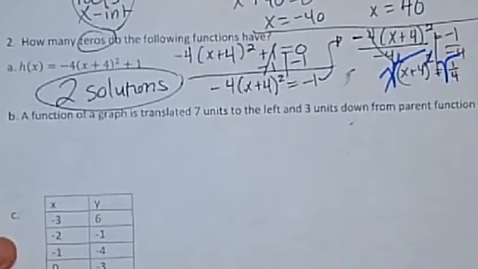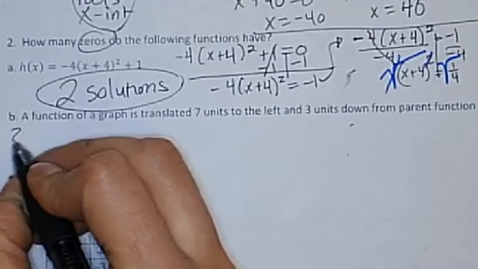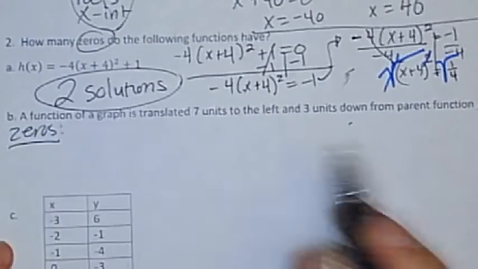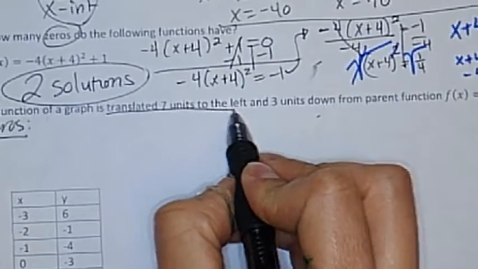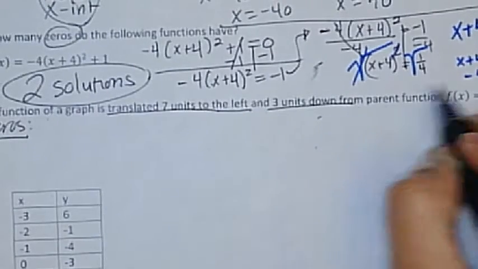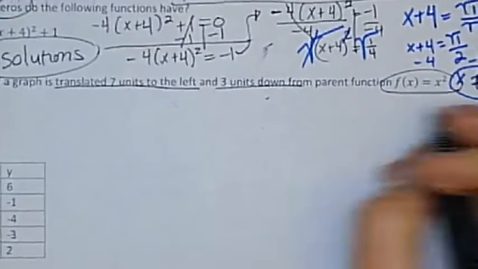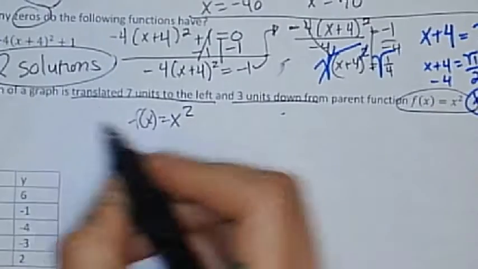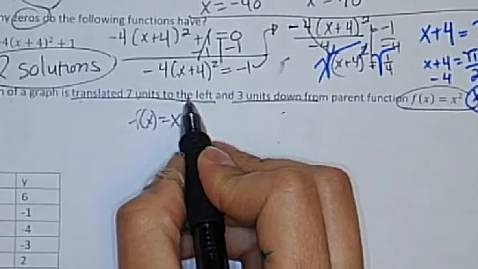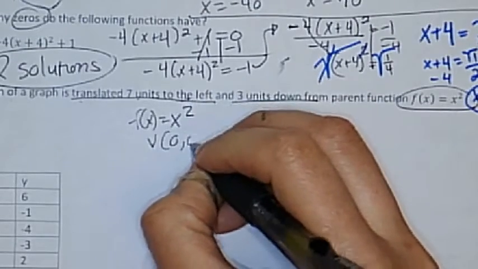Okay? For the next one, number of zeros would be, it says the function of the graph is translated this many to the left, 3 units down from the parent. So here's the parent. Translated 7 to the left, okay, the vertex here will be 0, 0.